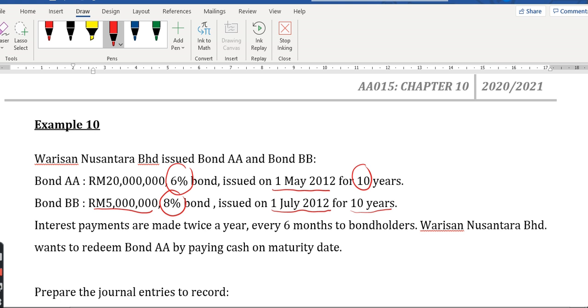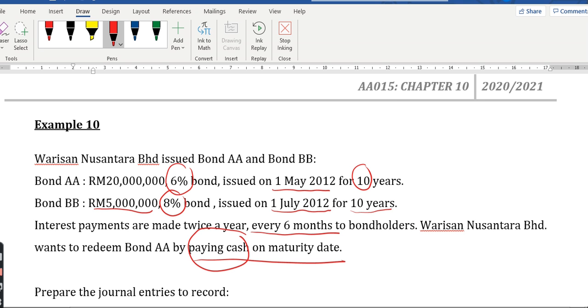Interest payments are made twice a year, that means every 6 months to bondholders. Warisan Nusantara wants to redeem bond AA by paying cash on maturity date. Paying cash on maturity date, that means that will be crediting your bank account, right?